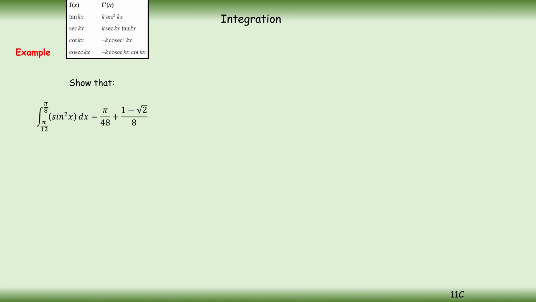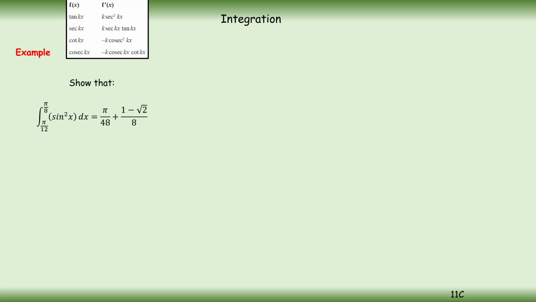Okay, so let's have a look at this example then. Got to show this time, so it's a proof. Show that the left hand side equals the right hand side. Show that the integral from pi by 12 to pi by 8 of sine squared x with respect to x is equal to pi by 48 plus 1 minus root 2 over 8. Okay, right.